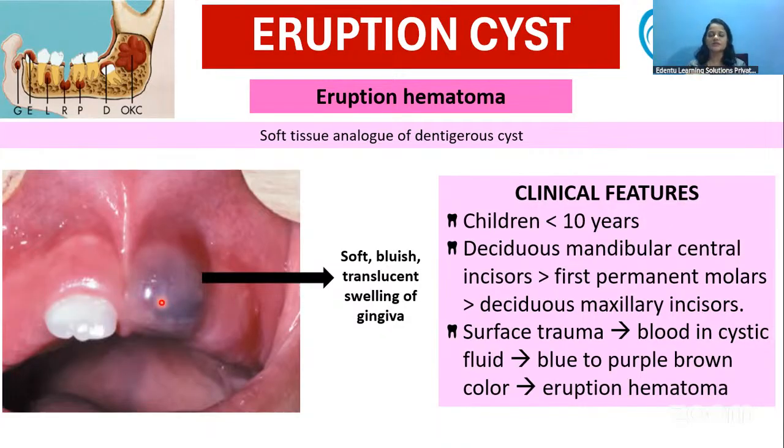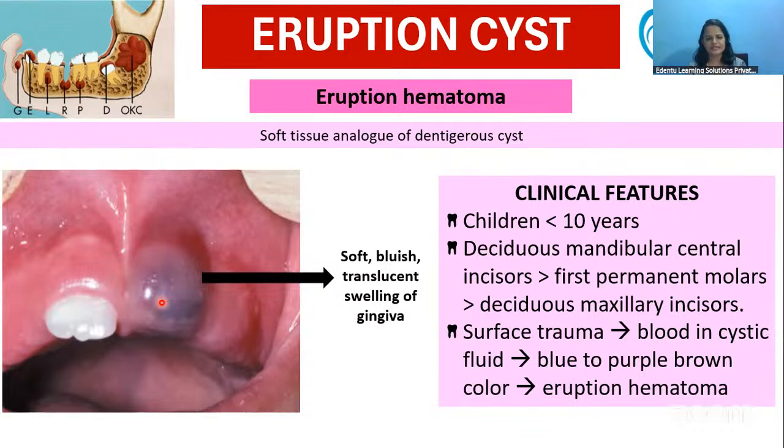So eruption cyst occurs due to accumulation of fluid between the crown of the unerupted tooth and the overlying gingival tissue. And if because of some trauma or irritation, blood is also getting mixed with the cystic fluid, then it is called eruption hematoma.